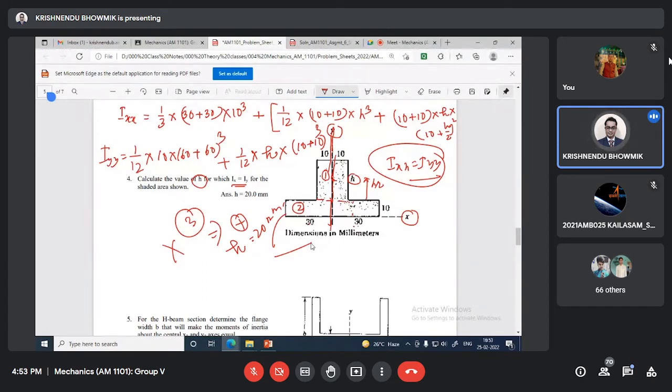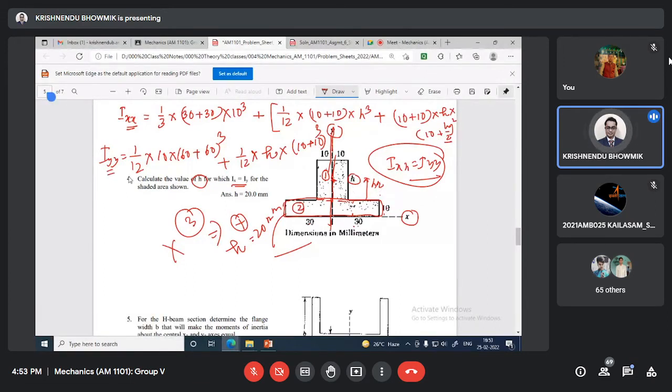And I have given the expressions. So how have I done this? IXX will be, for this, 1/3 base multiplied by height cube, plus for this 2, 1 by 12 base height cube plus area times distance square, that is h by 2 plus 10, squared.